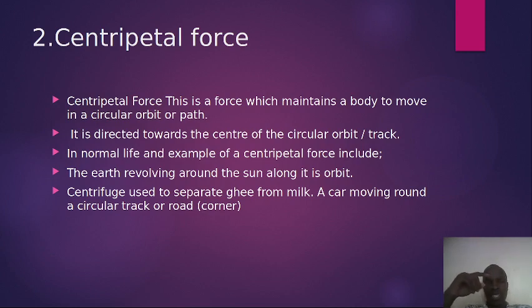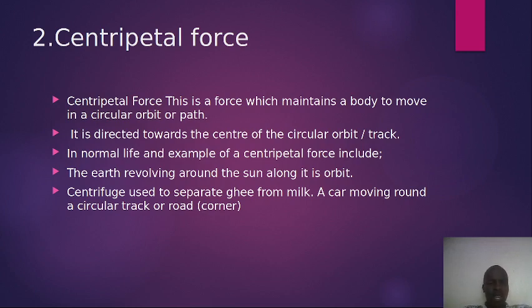For instance, let's take this as a rope, and the rope is revolving around a particular point, meaning the force is directed towards or inside the circle. Let me show the circle that is drawn by that particular rotating force.